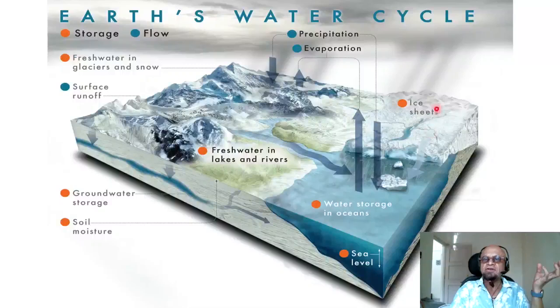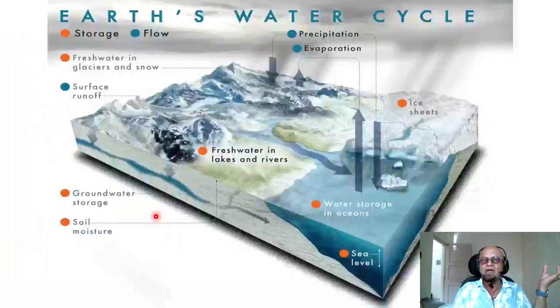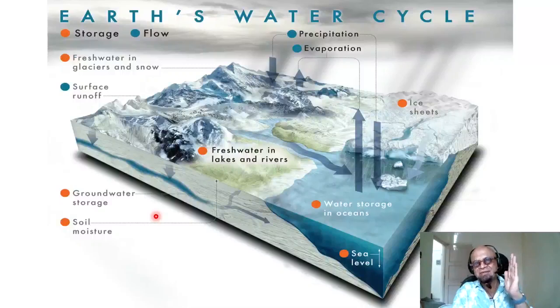So a lot of water is also locked up in ice sheets, as we saw here. About 1.7% is in polar caps, glaciers, and permanent snow. I'm aware that I haven't defined glacier yet, but okay, let me just say it. When snow falls on land, it may be so cold that it doesn't melt by the end of the year.